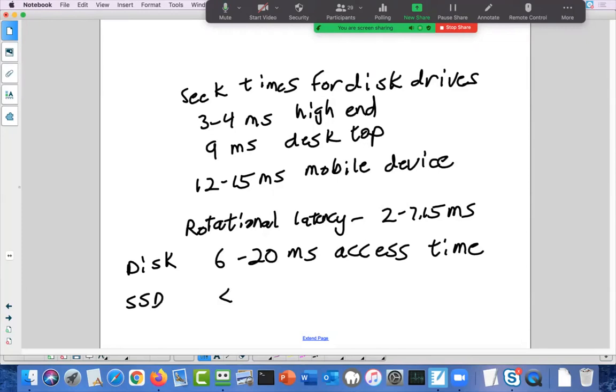It's generally less than 1/10 of a millisecond, because all it has to do is seek. There's no rotational latency. It's all seek in terms of trying to get to the right block. So solid state devices reduce the access time considerably. And then they also considerably speed up transfer rates.